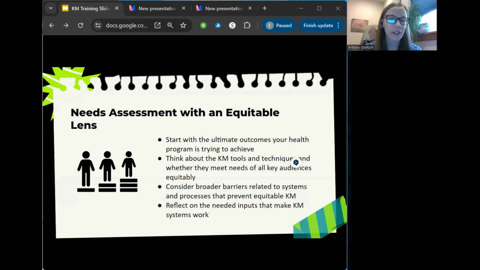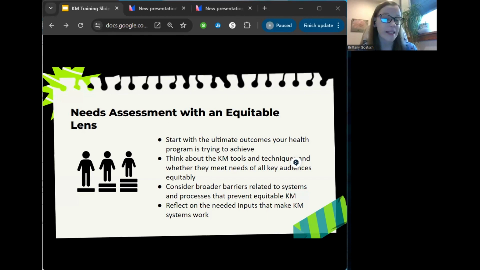So to help plan your needs assessment with equitable KM as your key goal, keep these points in mind. For the KM tools and techniques, account for power dynamics and other barriers that may limit access to these tools for certain subgroups. For instance, access to the internet may be different based on whether someone lives in an urban area or a rural area.